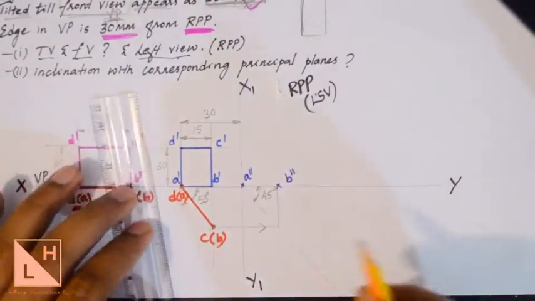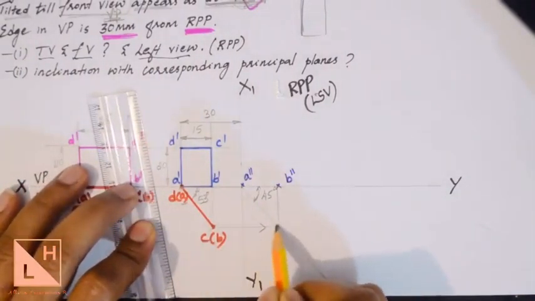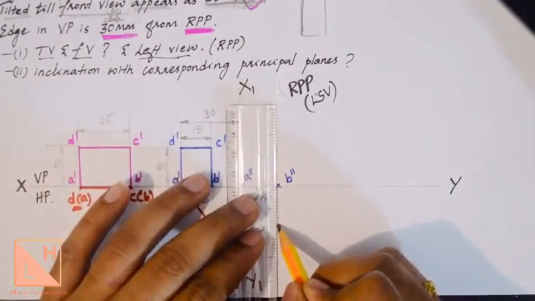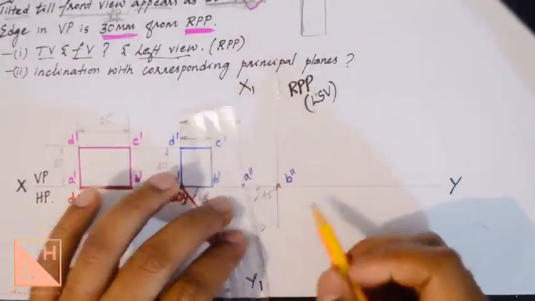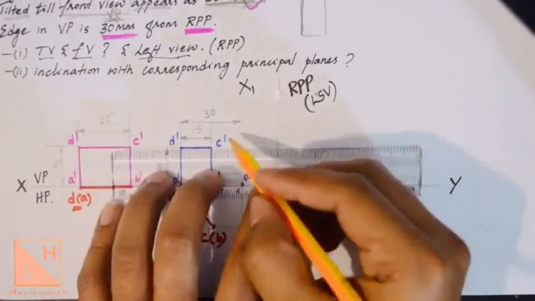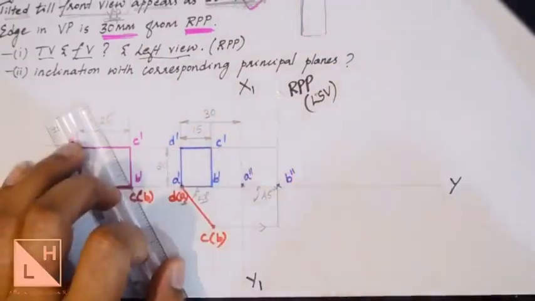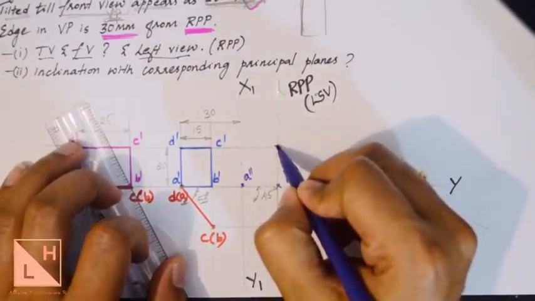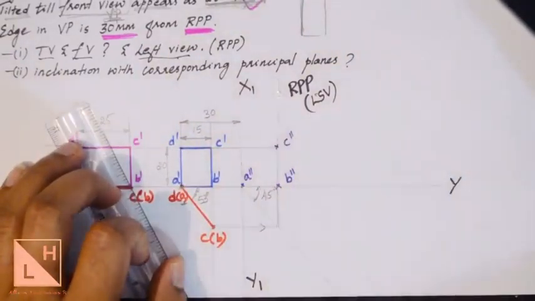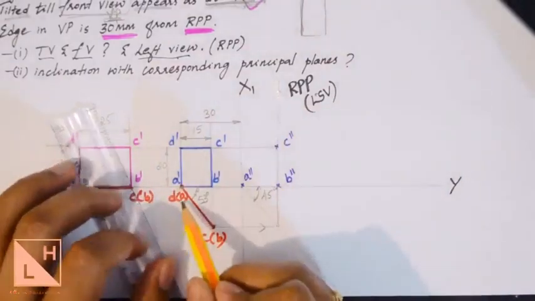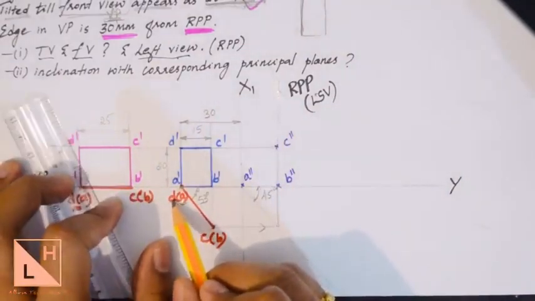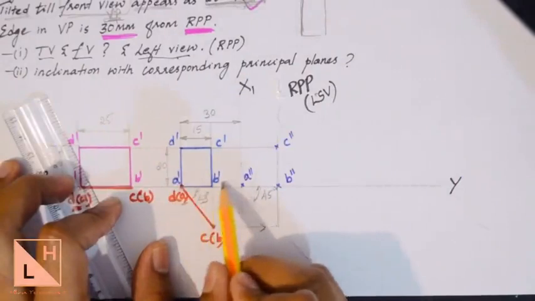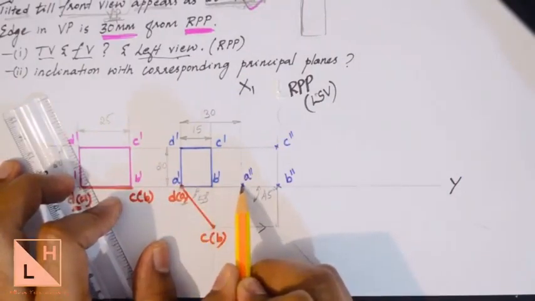We'll repeat the same for point C. From C, I draw a line here and then a vertical line till it reaches C dash. So C dash comes from here. You can draw a horizontal line, and where it intersects, that point will be C double dash. When we do the same for D, if I draw a horizontal line from D, it touches the 45-degree line over here at the origin.